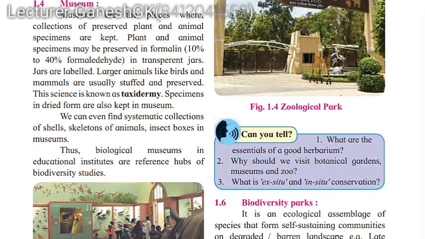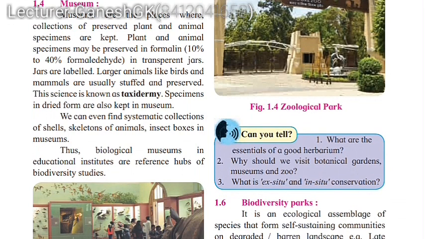Plant and animal species may be preserved in formalin, with 10% to 40% formaldehyde in a transparent jar, and the jars are labeled with the particular organisms inside.